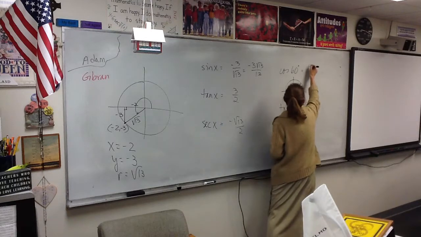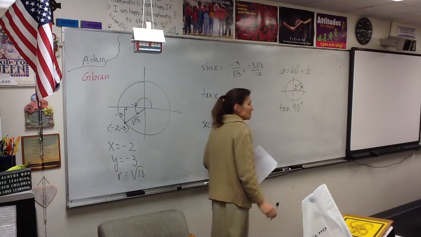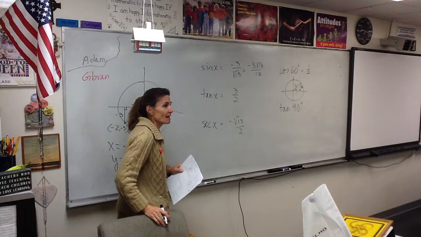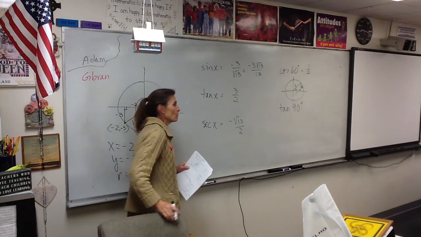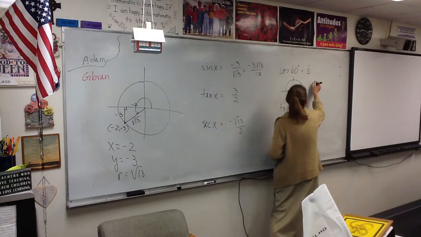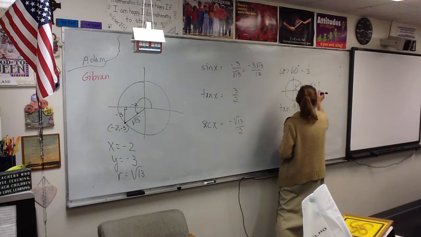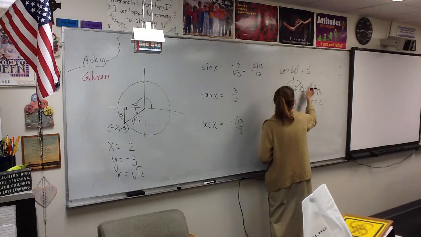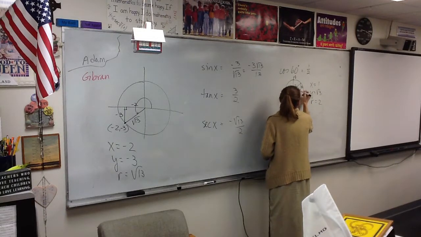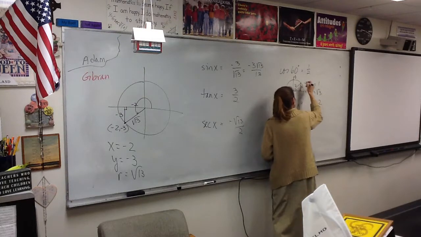So cosine would be 1/2, because cosine is x over r, or adjacent over hypotenuse. And x is 1, y is root 3, r is 2. One more time, this is a coordinate axis system. Every horizontal is x, every vertical is y.